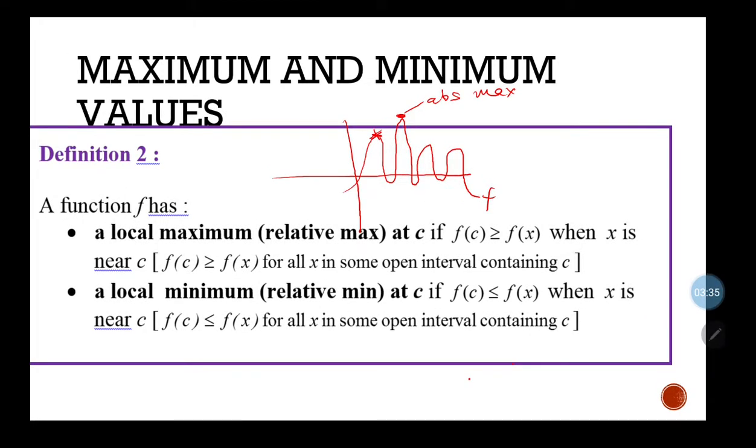Okay, so for minimum here, which one is the lowest? I think the lowest here is, so this should be the absolute minimum, and this part here and this part here can be termed as the relative minimum, right? Okay, so this is the relative maximum.